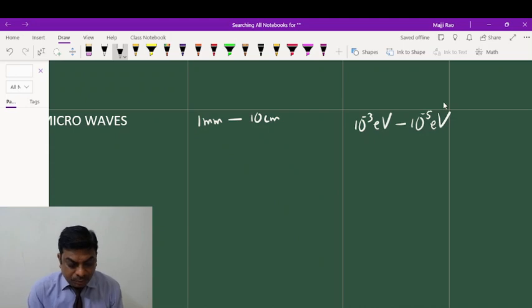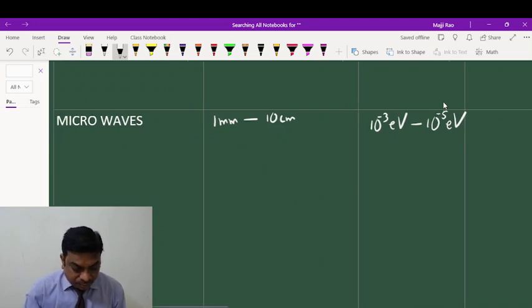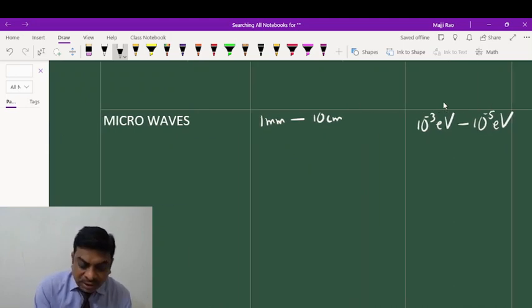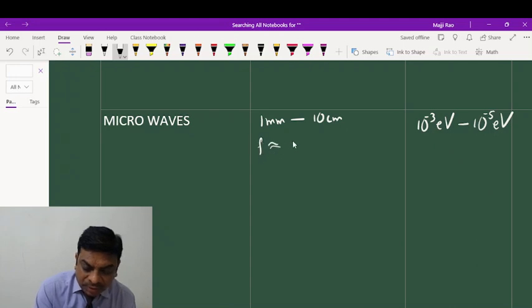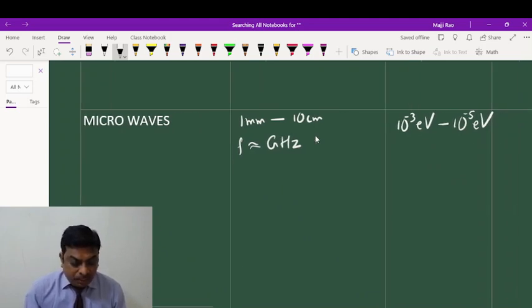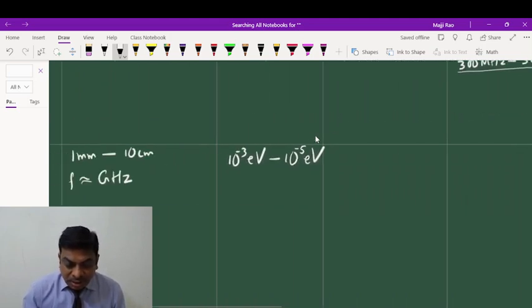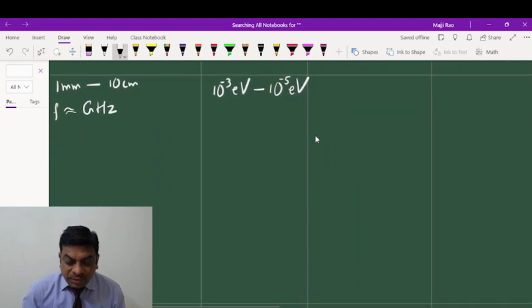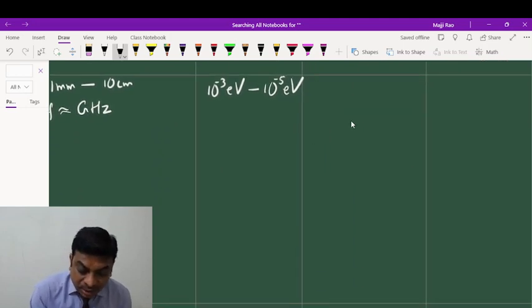Okay, students. The frequency is of the order of gigahertz, a few gigahertz, of course. They are produced by special valves named klystron valves and magnetron valves.